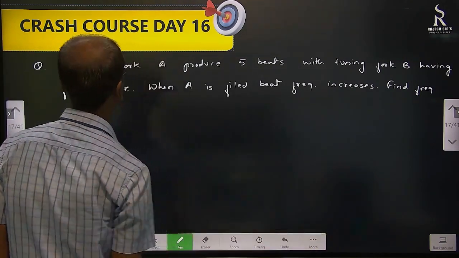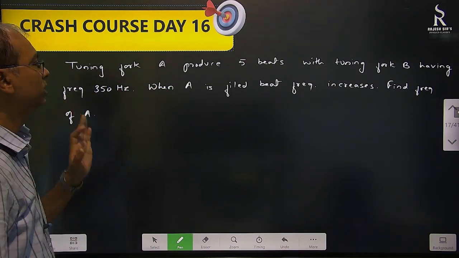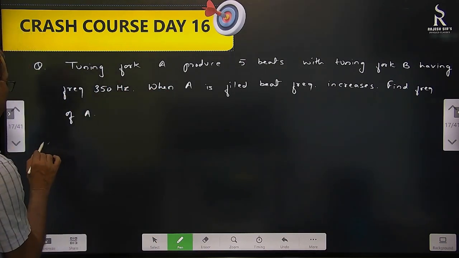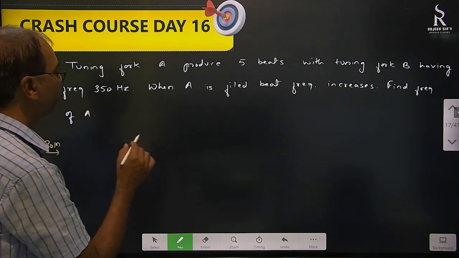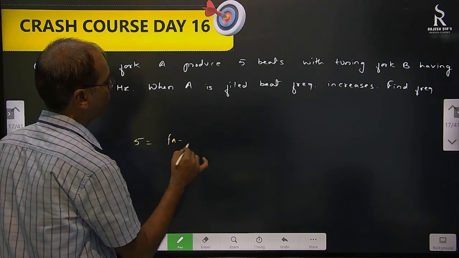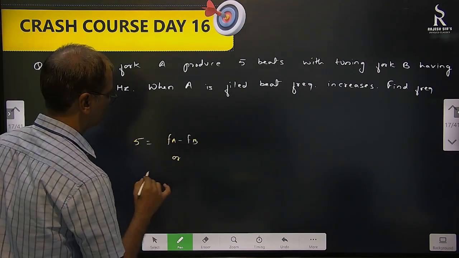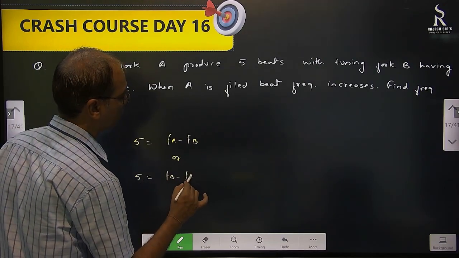So in this one, tuning fork A produces 5 beats with tuning fork B having frequency 350 Hz. Now, we know that beat frequency is the difference of frequencies. So this 5 beats can either be FA minus FB or FB minus FA. We don't know which one is correct, so we have to see that further.